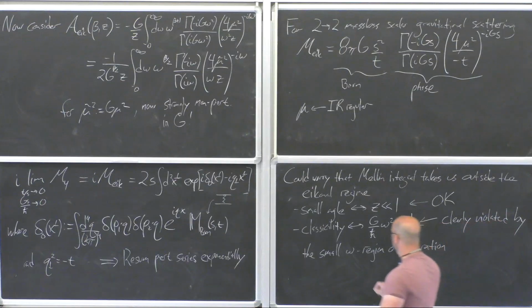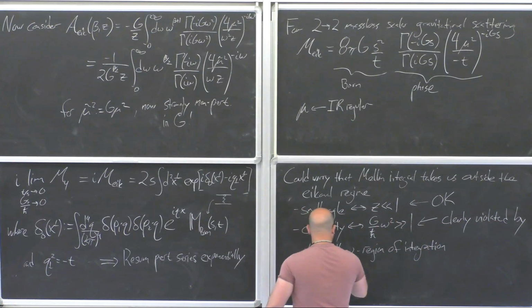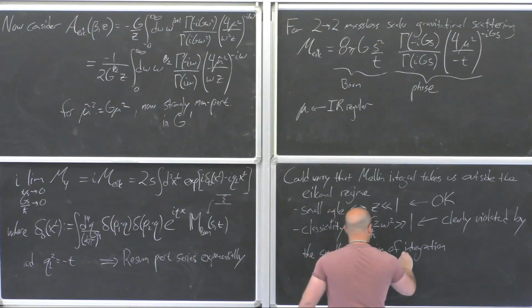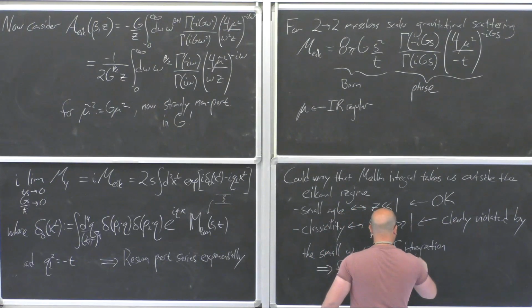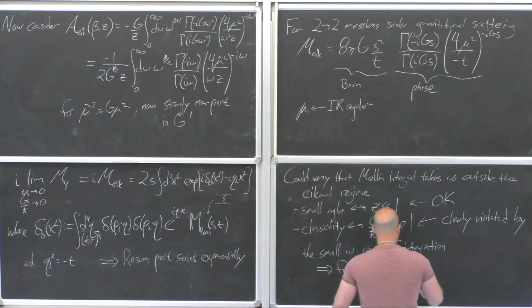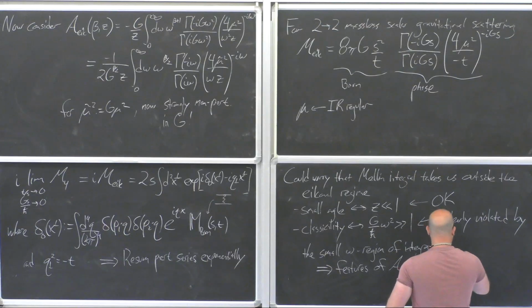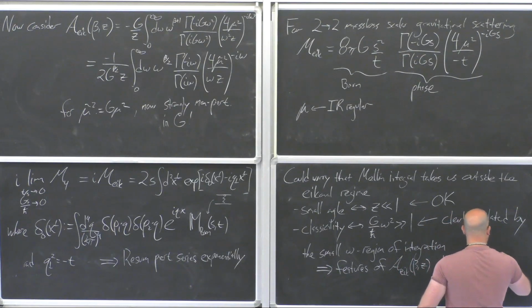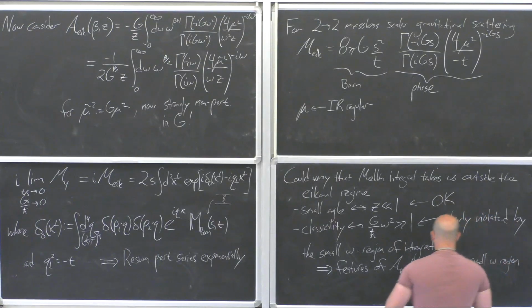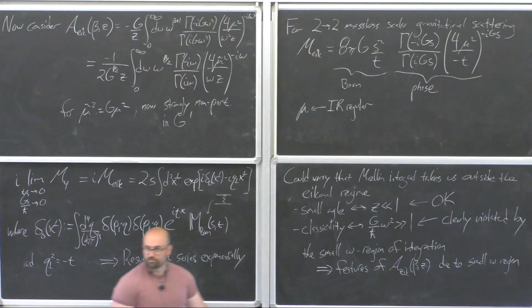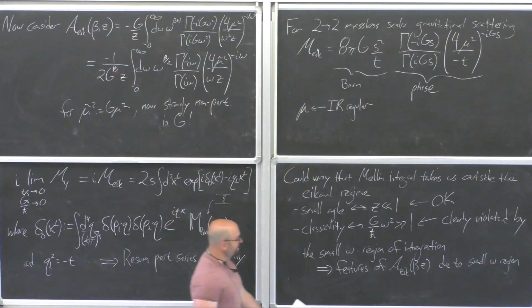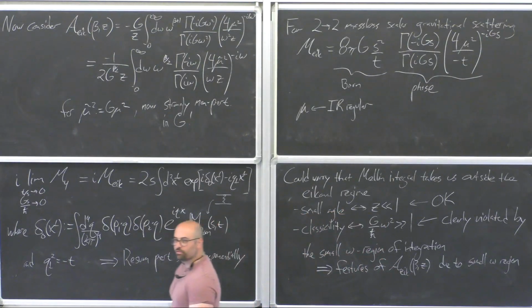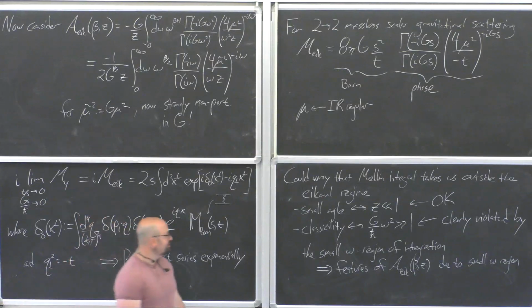So if this thing exists, which we haven't shown yet, but if it does, any of its features which come from the small omega part of the integral, they could receive quantum corrections.